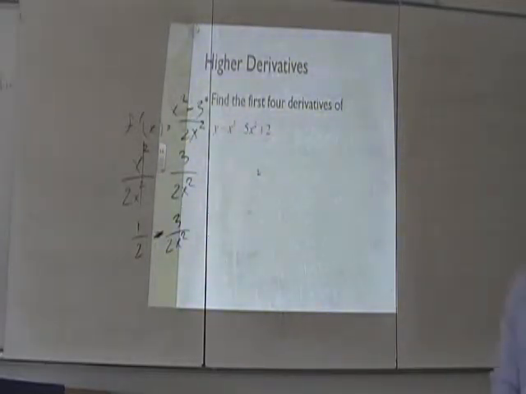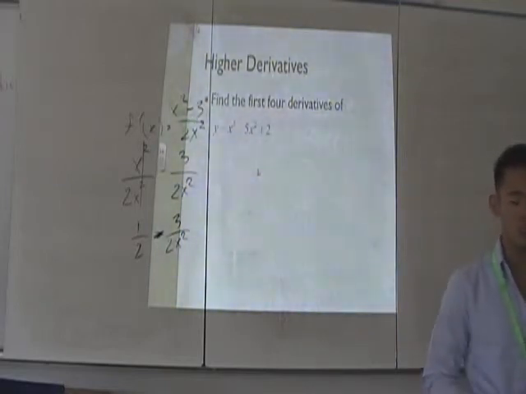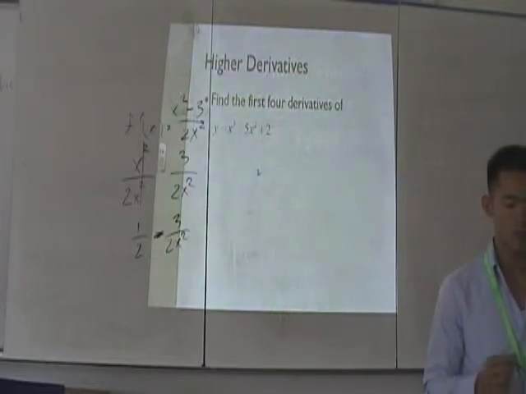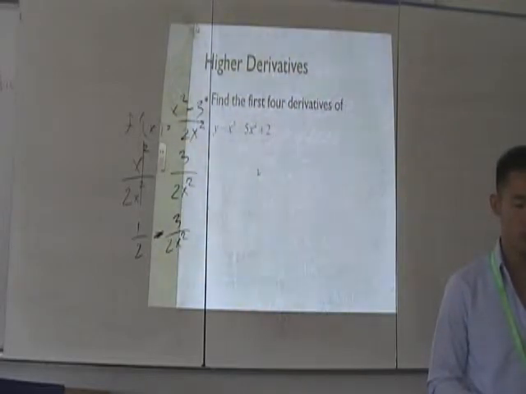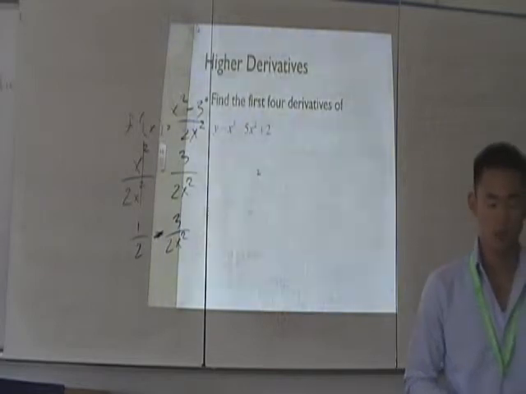Alright, so someone volunteer and give me the first derivative of that equation. Ricky. Y equals 3x squared minus 10x. Almost, except it's not y equals that. It's y prime.